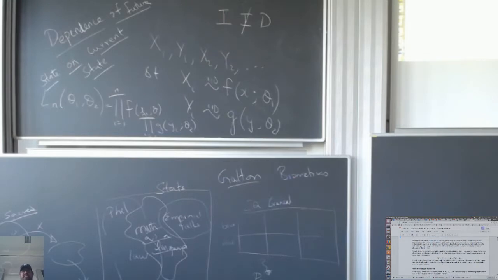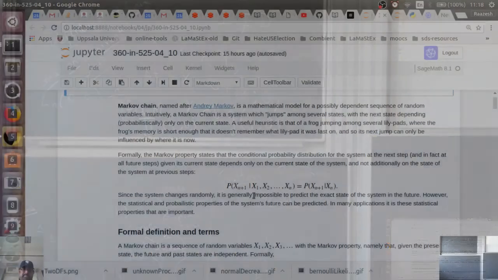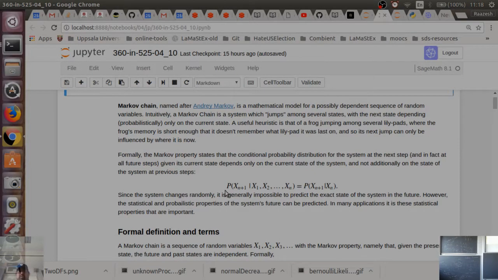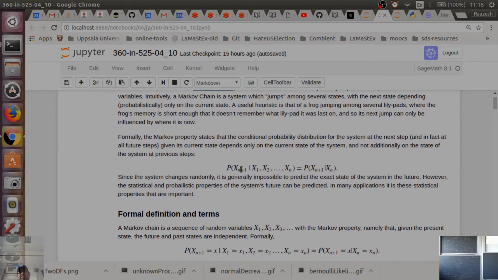And the way you say this is why we introduce conditional probability. So the way you say it is probability of x n plus 1, that is the state of the system at time n plus 1. So there's a natural notion of time here, just like the sequential notion we had: x1, x2, x3.